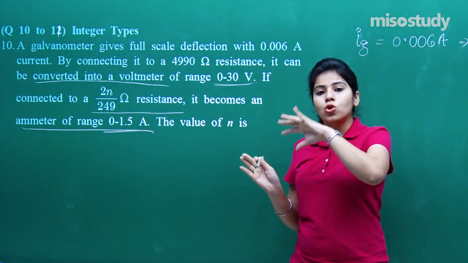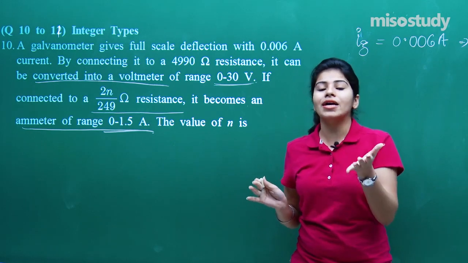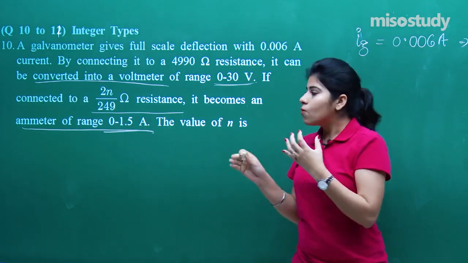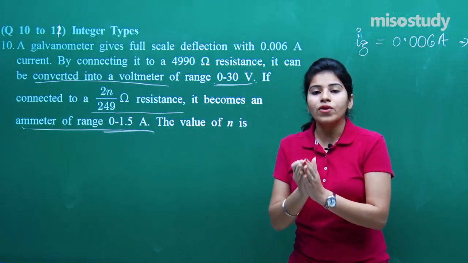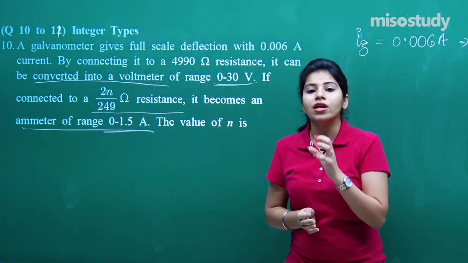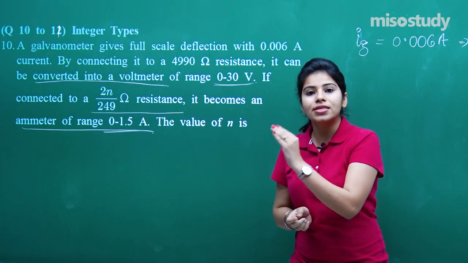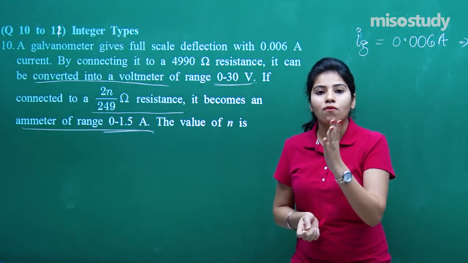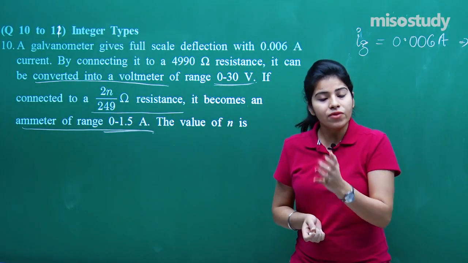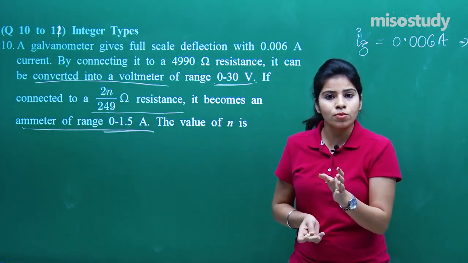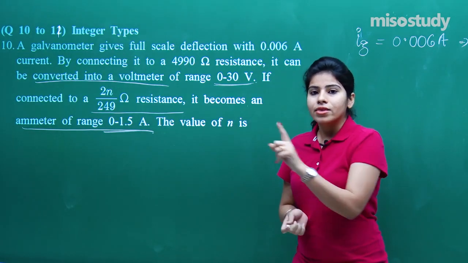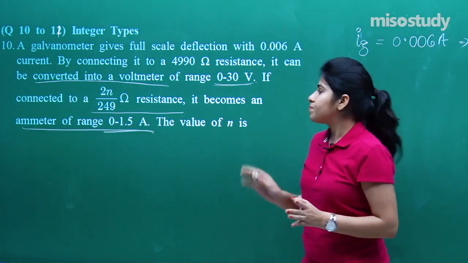Now just go back to your flashback memory and recall what a voltmeter and ammeter are. When we connect a high value resistance in series, that becomes a voltmeter, and when we connect a small resistance shunt with the galvanometer in parallel, then it becomes an ammeter.